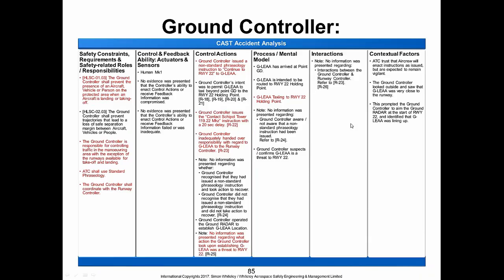The process, the mental model. As far as the ground controller was concerned, G-Lear had arrived at Point Golf Delta. It was intended to be routed to the runway 22 holding point, and G-Lear was taxiing to the runway 22 holding point. Now again, there's no information about whether the controller was aware or not aware of the non-standard phraseology instruction being issued, or in terms of the ground controller suspecting and then confirming G-Lear is a threat to runway 22.